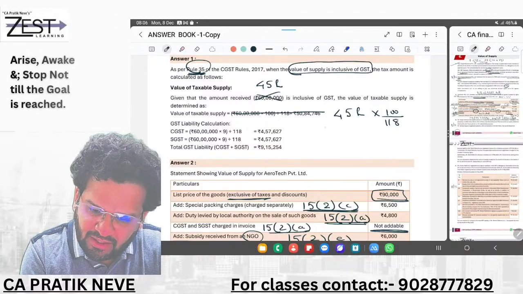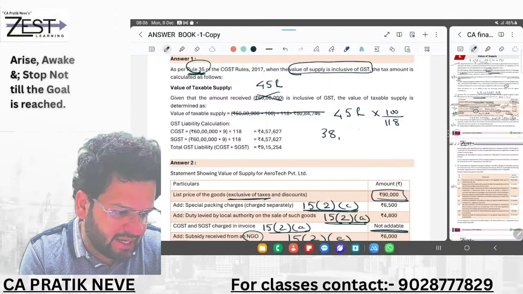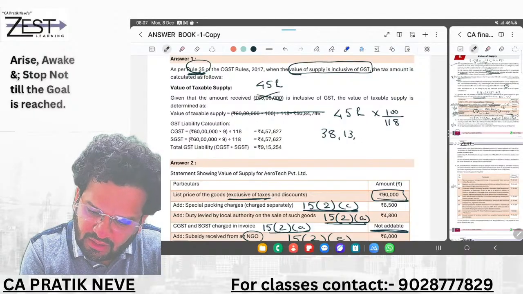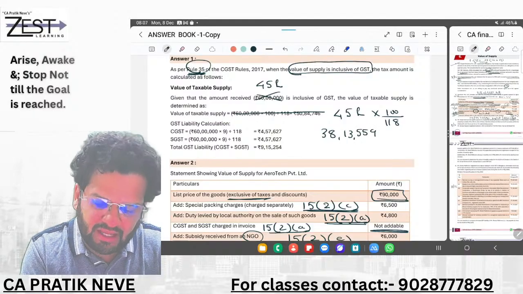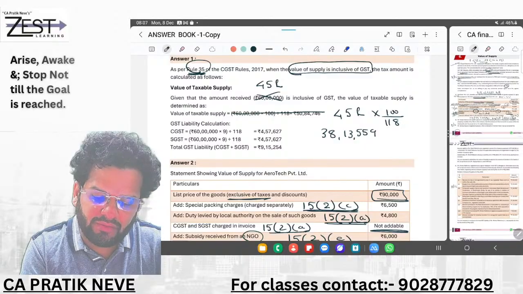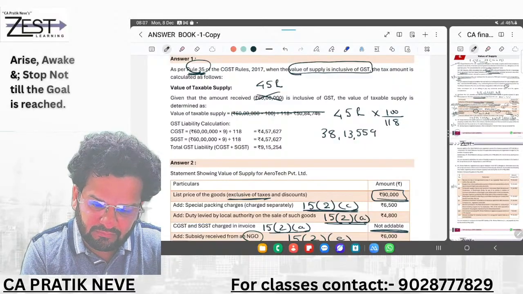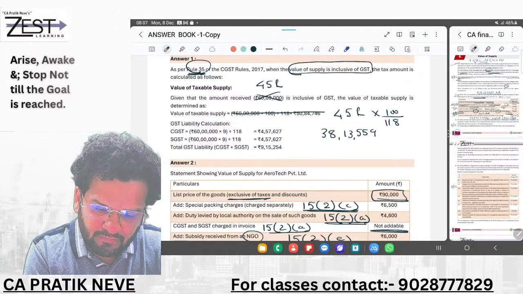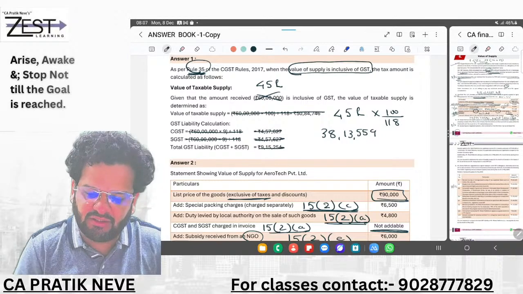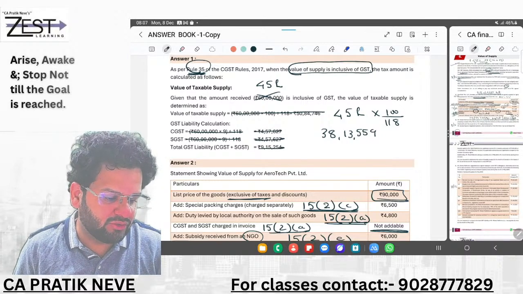So assessable value is 38 lakh 13,559. Now if you want, on that directly calculate GST.